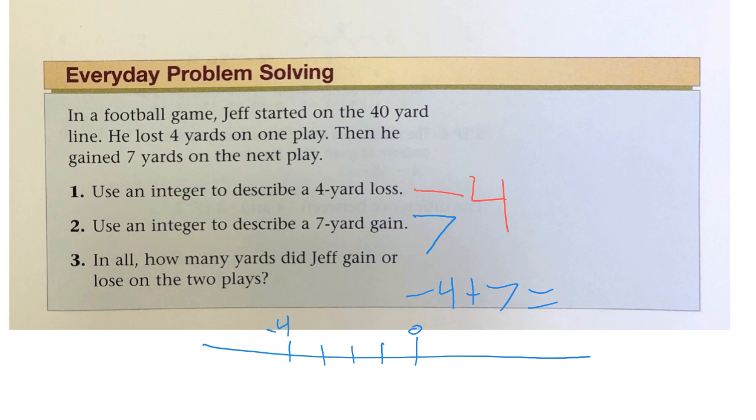And then we're going to move 7 spaces to the right. 1, 2, 3, 4, 5, 6, 7. And that's going to give us a 1, 2, 3. So Jeff ended up with a 3-yard gain.